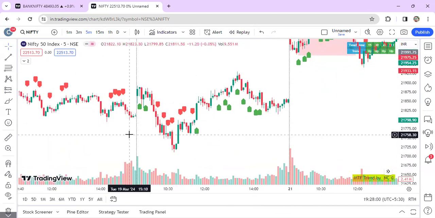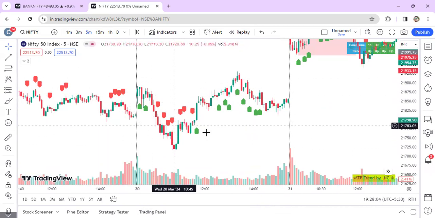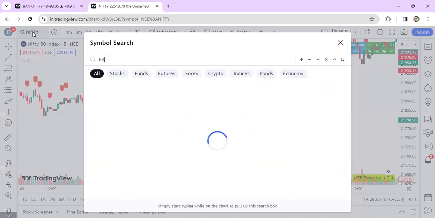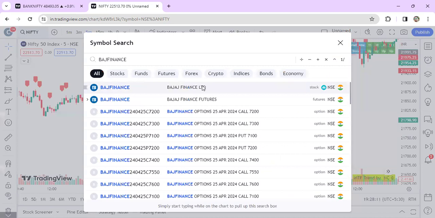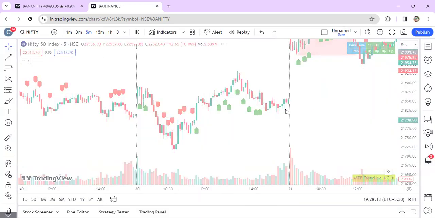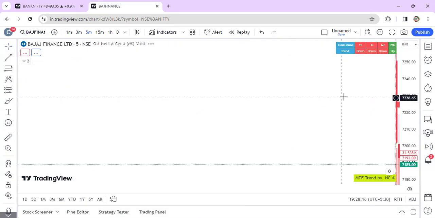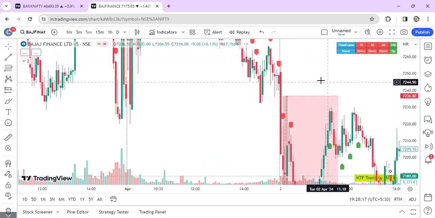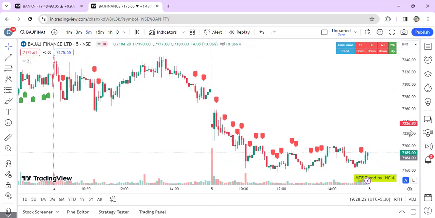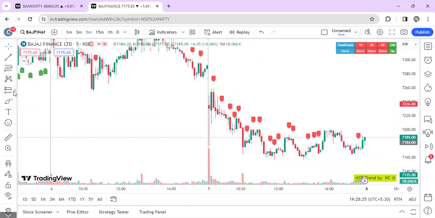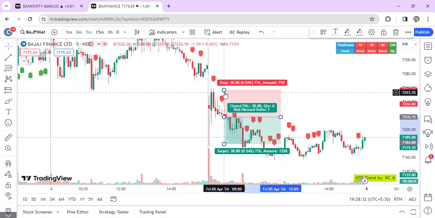Okay, let's quickly see some examples for different charts. Let's see Bajaj Finance. See how beautiful this indicator is working. So here it got a sell signal.